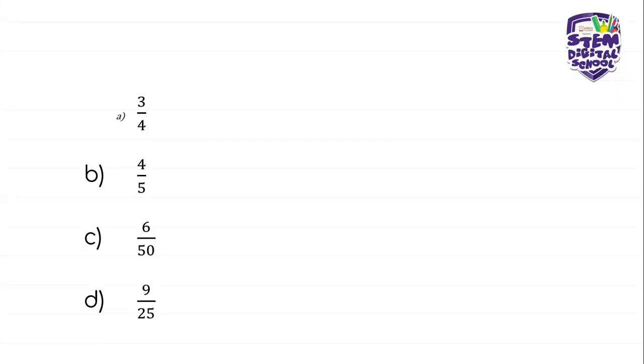Right. The next one is D. And then in D, the denominator is 25. And Lesedi says we need to multiply 25 by 4.